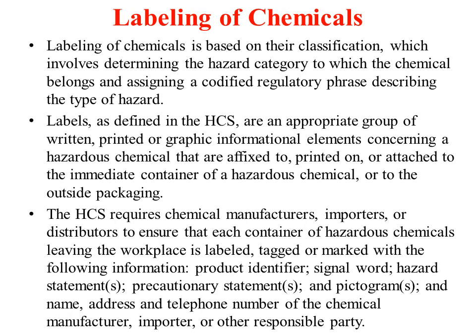The container containing the chemical hazard should be labeled, and this label should have the following information: product identifier, signal word, hazard statement, precautionary statements, pictograms, and also the name, address, and telephone number of the chemical manufacturer, importer, or other responsible party. So this is a must for any containers containing chemical hazards.